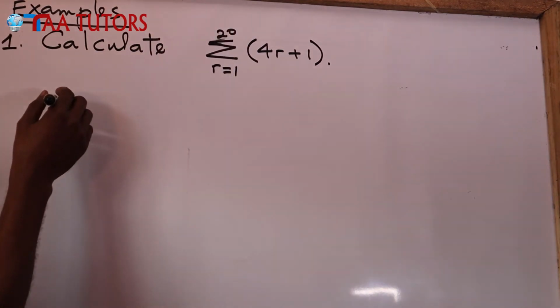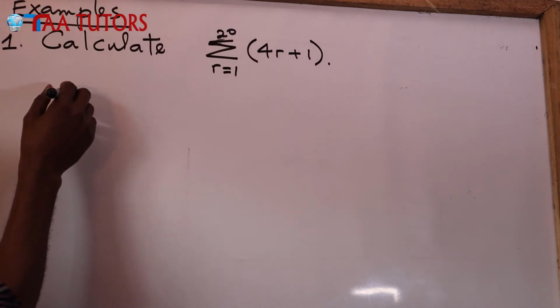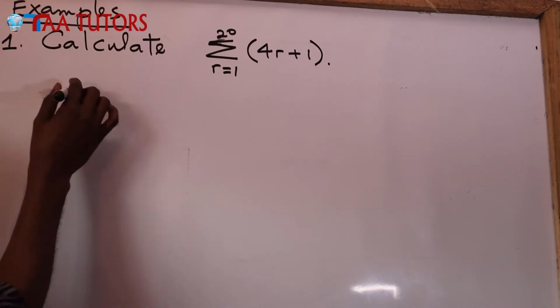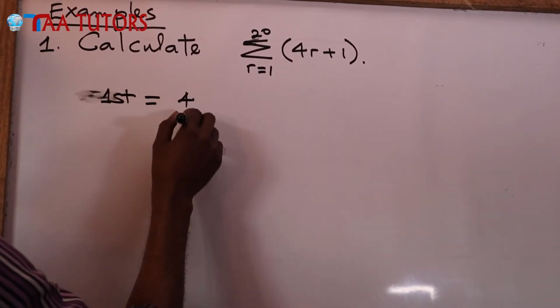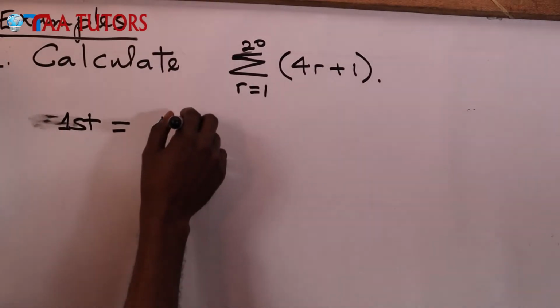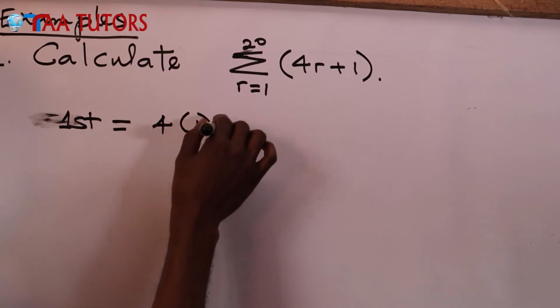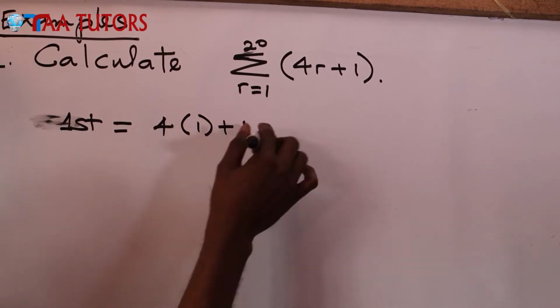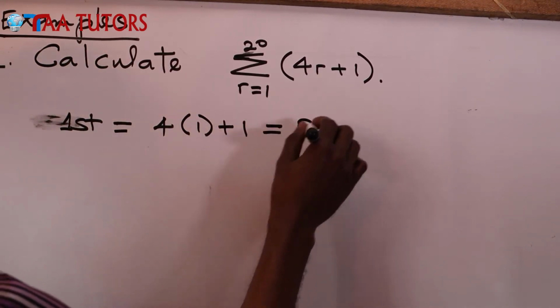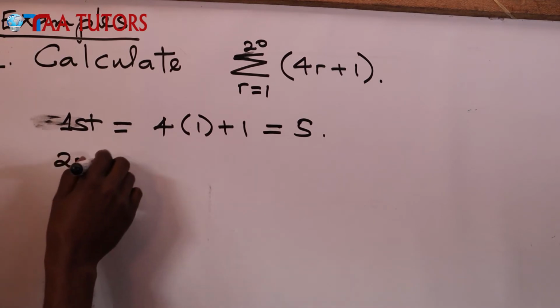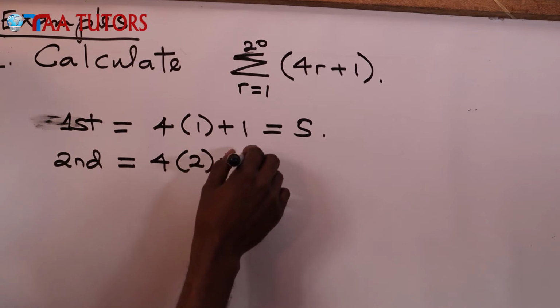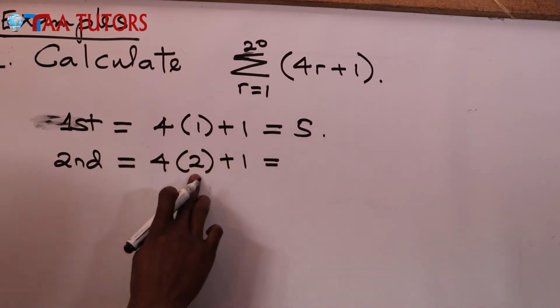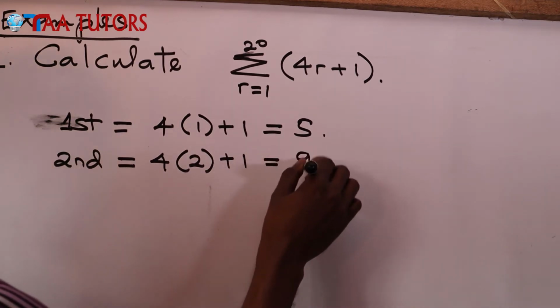So the first term here will be 4 into r, which is 1, plus 1. So the first term here will be 5. What about the second term? The second term will be 4 into 2 plus 1, which is 4 times 2 is 8, plus 1 is 9.